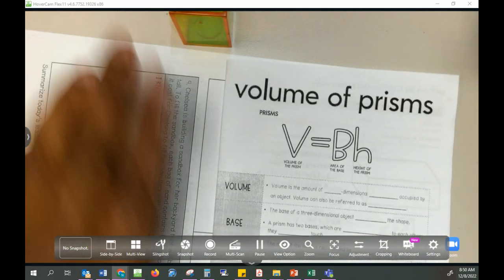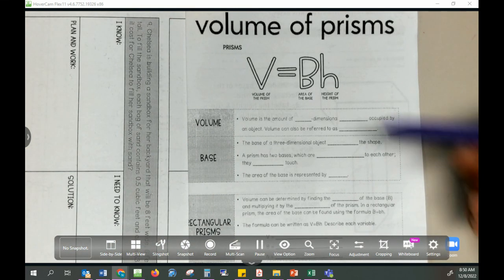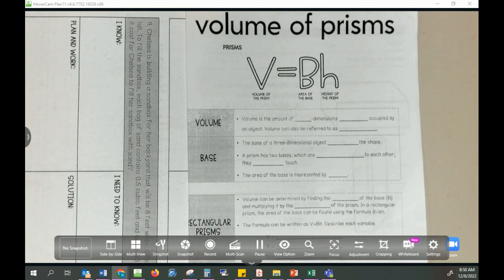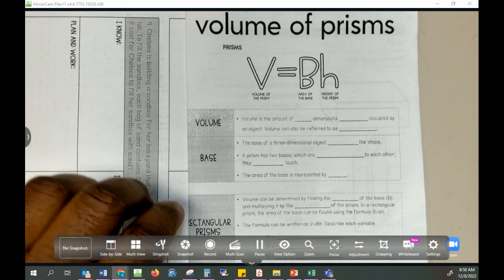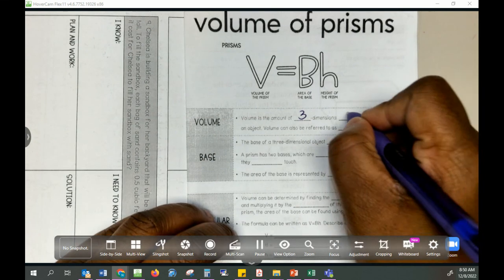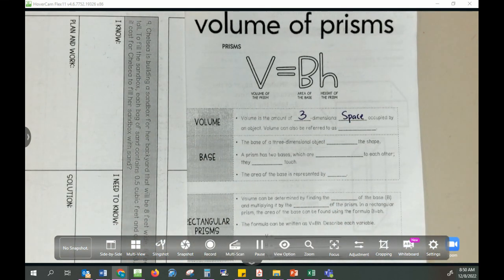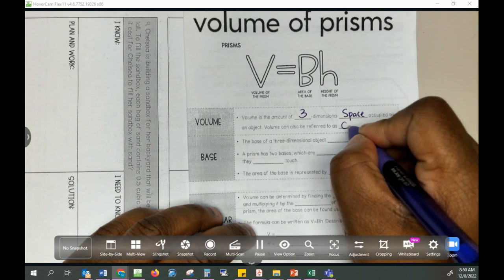All right, so let's get to the note portion of it. So when we're talking about volume, volume is the amount of three-dimensional space occupied by an object. Volume can also be referred to as capacity.